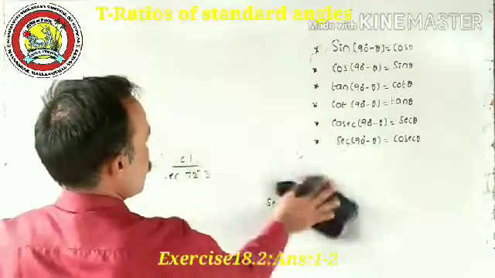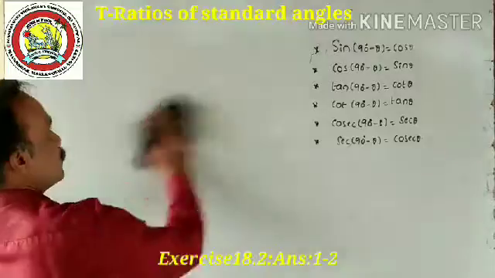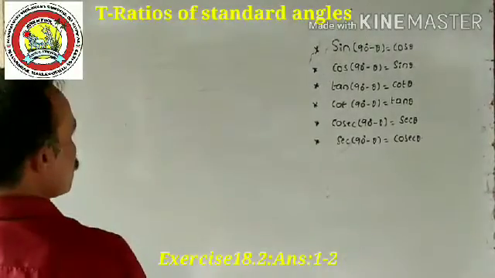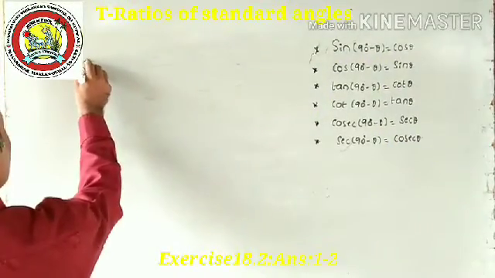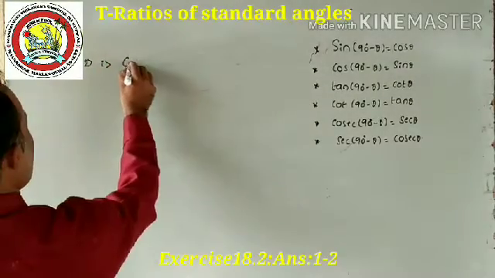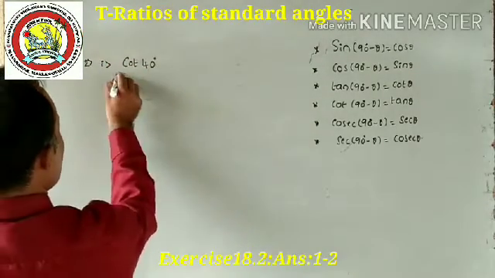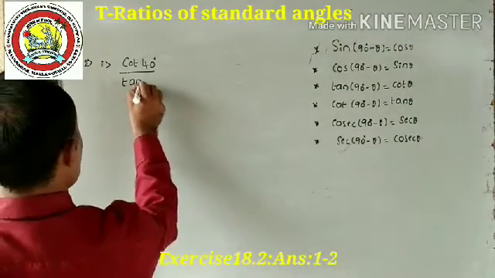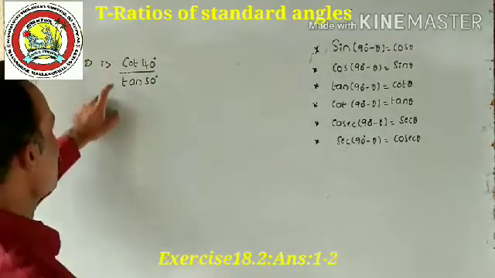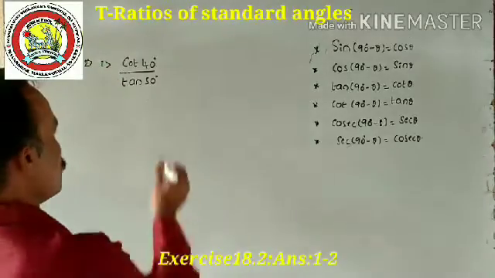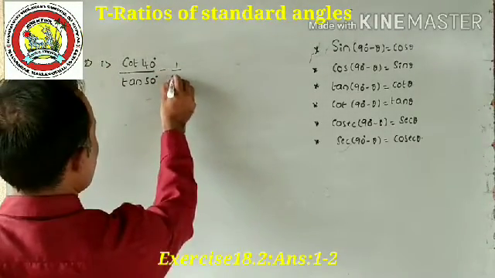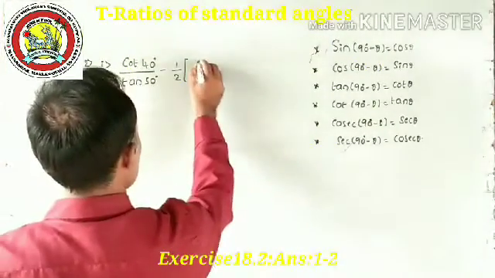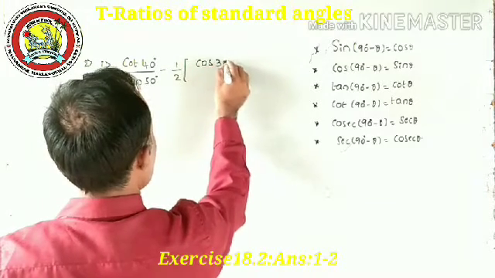Main question number 2, first one. Cot 40 degrees divided by tan 50 degrees minus 1 by 2 into cos 35 degrees divided by sin 55 degrees. Cot changes to tan, and the sum of these two is 90.